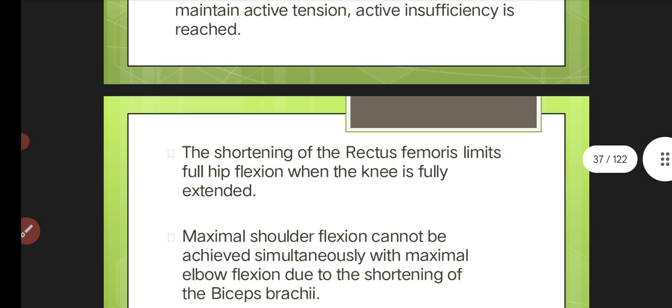The shortening of the rectus femoris limits full hip flexion. The rectus femoris is part of the quadriceps muscle.